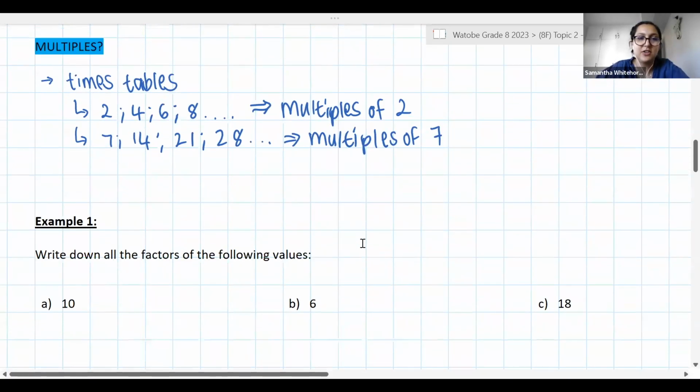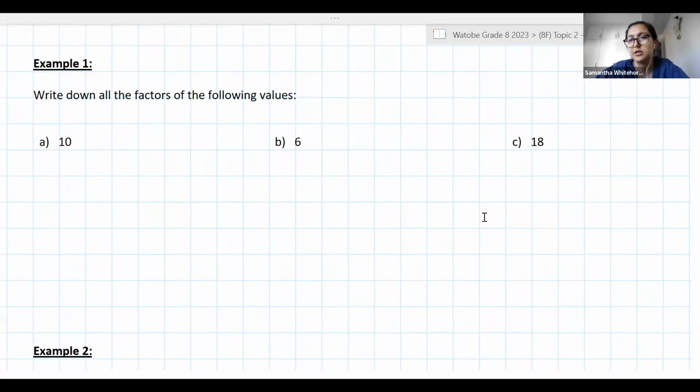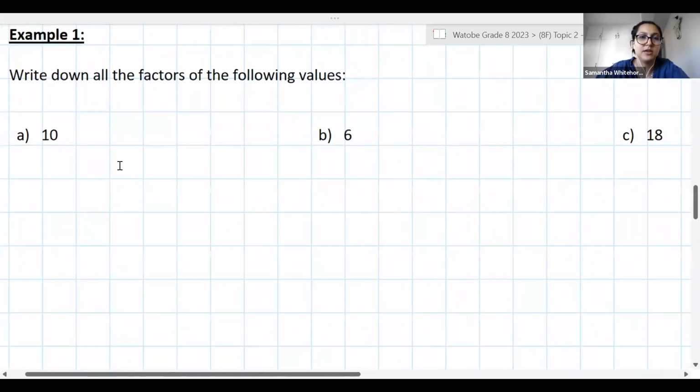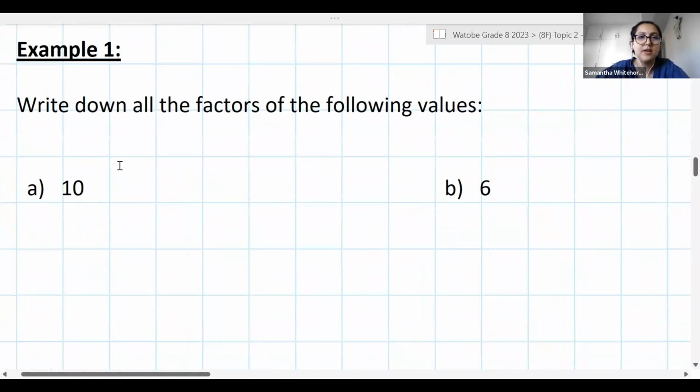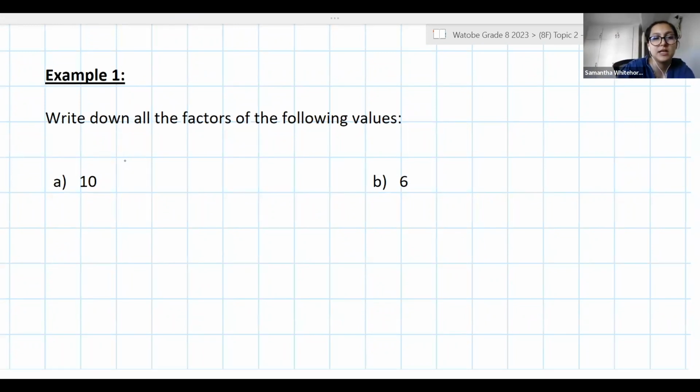Right, so let's have a look at some examples. Here in example 1, I've got 3 numbers that I want to write down the factors of. We'll do the first one together, and then I will ask you to do the other 2 by yourselves. Remember, factors are basically the numbers that we can times together to get 10.